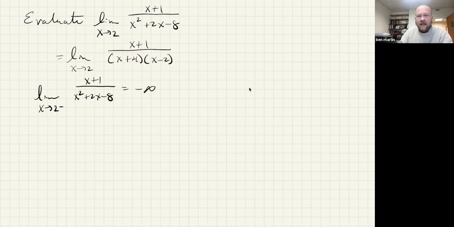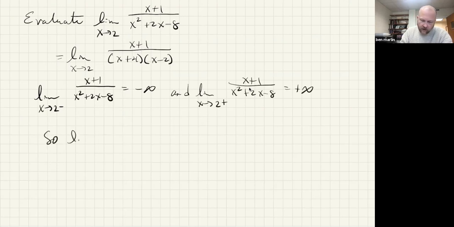So this went downward on the left-hand side, and on the right-hand side, it went upwards. So the limit as x goes to 2, without saying left or right, does not exist.